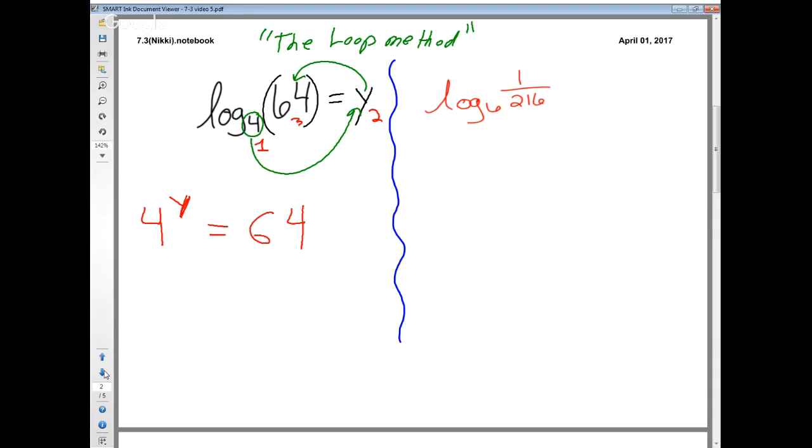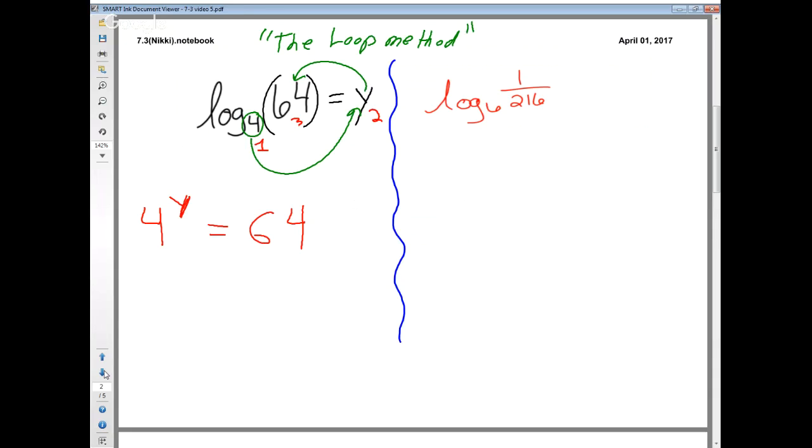And then if you take a look, we now just have 4 to the y equal to 64. And this is just a regular exponential equation. We've had plenty of experience with solving exponential equations last week, so this should be a piece of cake.